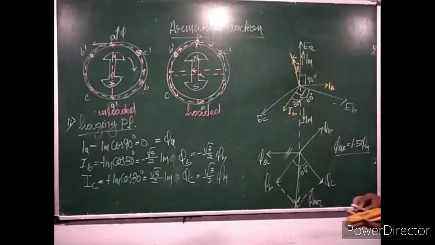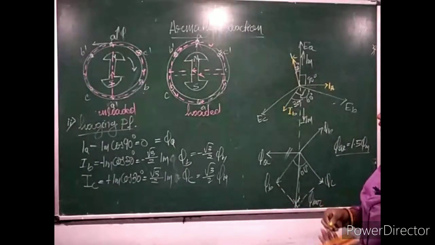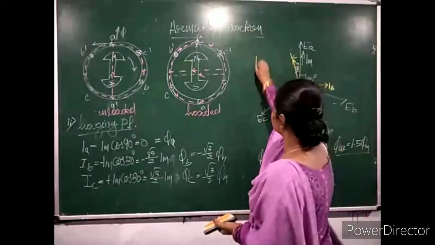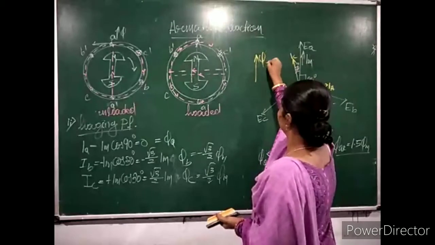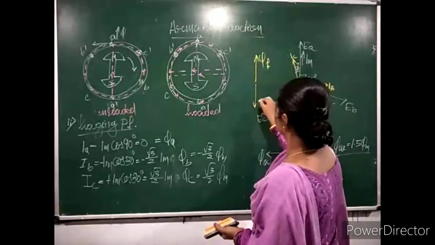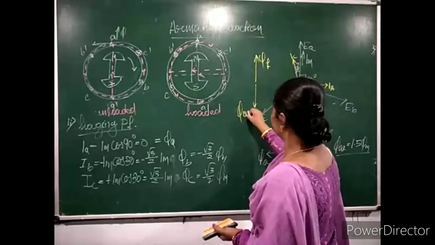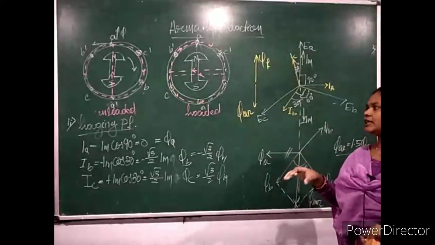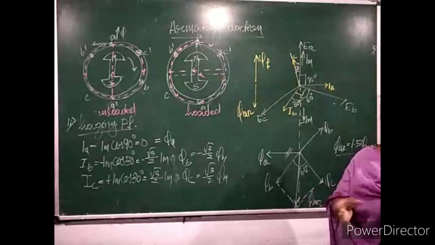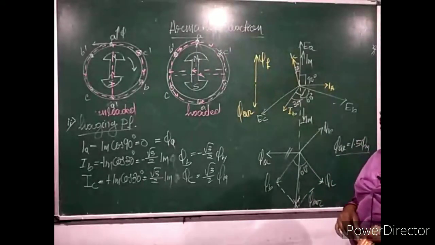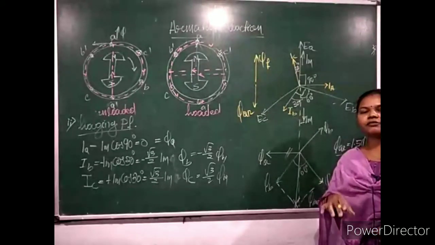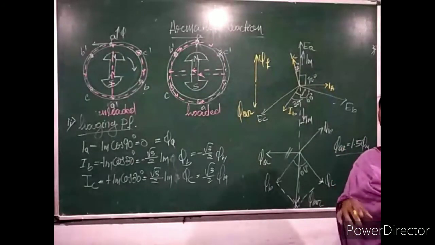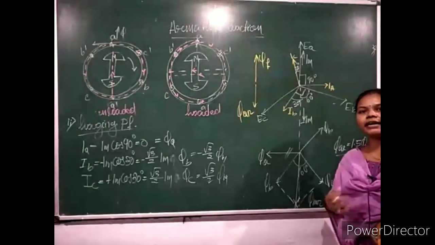So the conclusion is, in case of lagging power factor load, the field flux and armature flux are opposite to each other. It means the armature flux tries to suppress the field flux, and this effect of armature reaction on the field flux is called the demagnetizing effect.